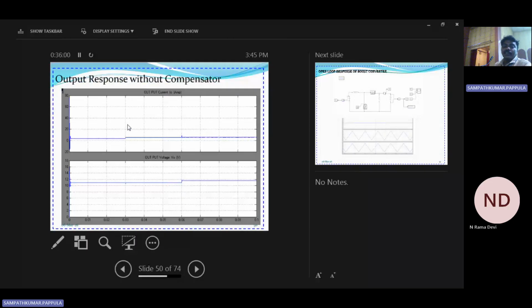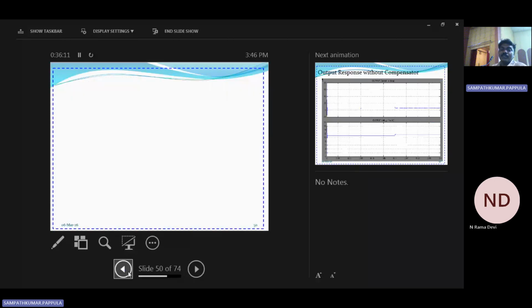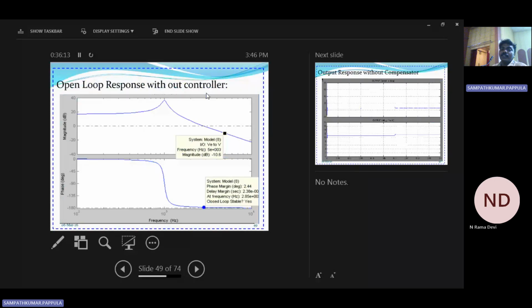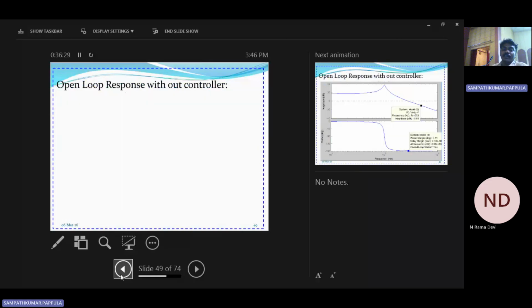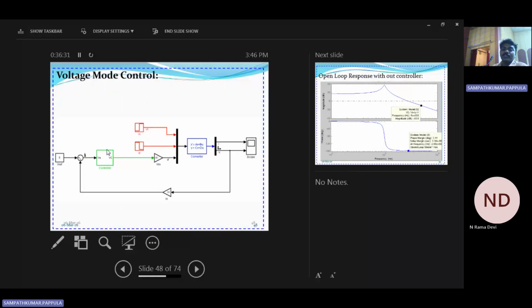Okay. This analysis you may do in the time domain analysis or the frequency domain analysis. If you are using the time domain analysis, you can observe by considering this graph only. Or by using the frequency domain analysis, by observing the gain margin and phase margin from the Bode plot without controller, you can design a controller for the required phase margin and gain margin, and those controller values you need to place here.